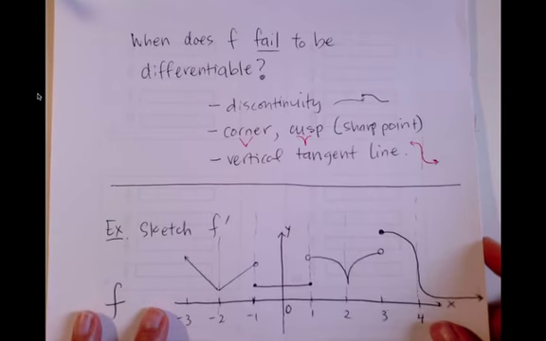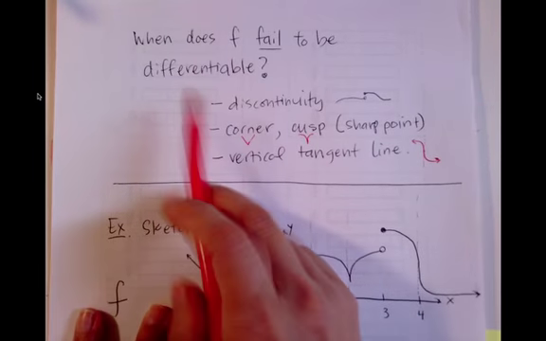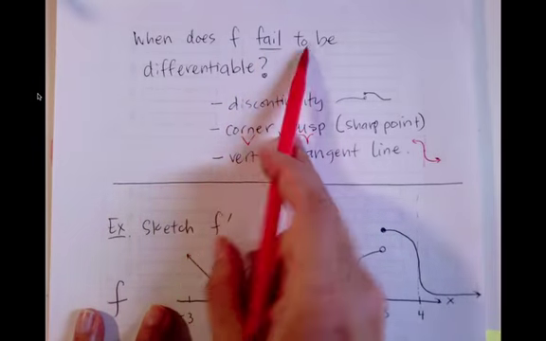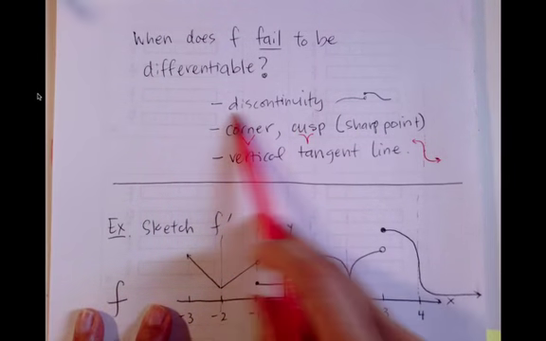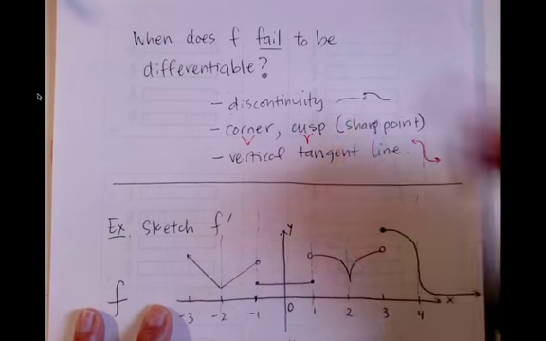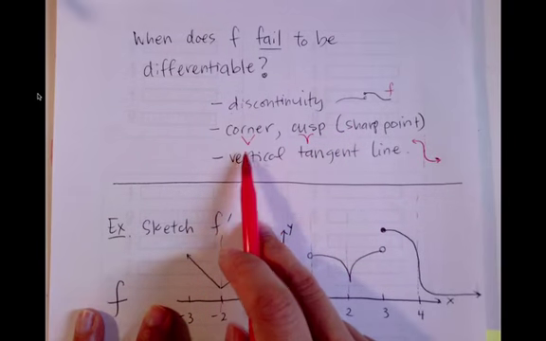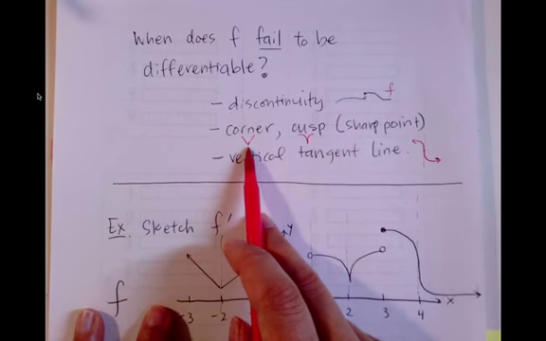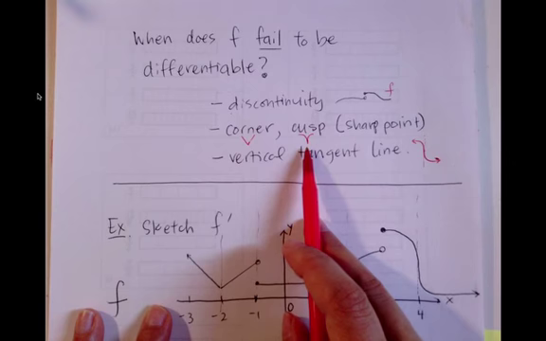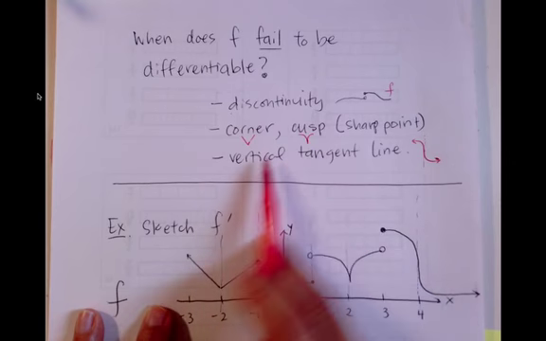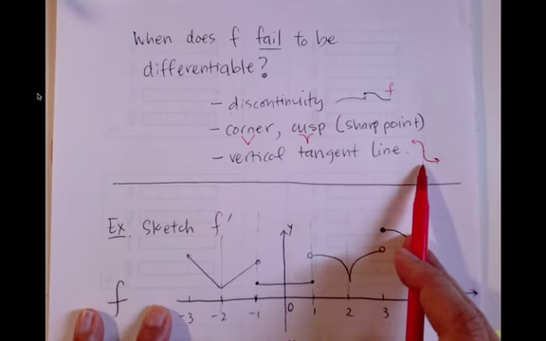So that brings us to the next question. When does a function fail to be differentiable? Functions fail to be differentiable wherever they're discontinuous. They fail to be differentiable if there's a corner, like in the absolute value function, so there's a sharp change in the tangent lines. If there's a cusp, or if there's a vertical tangent line, something that looks like this.